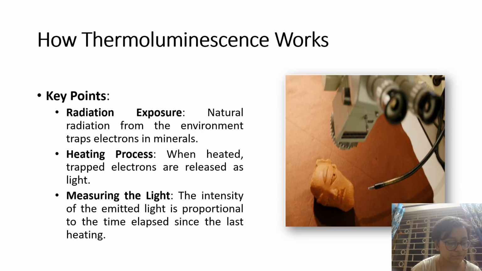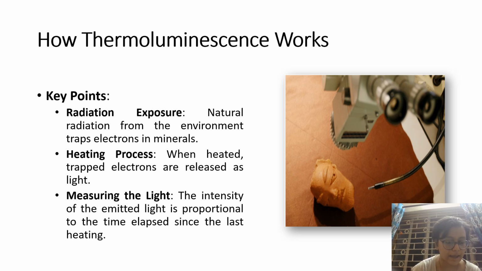Now, how exactly does thermoluminescence work? First, the object being dated must be exposed to natural radiation. Over time, this radiation traps electrons in the mineral crystal lattice, and when the object is reheated in the lab, those electrons are released as light.